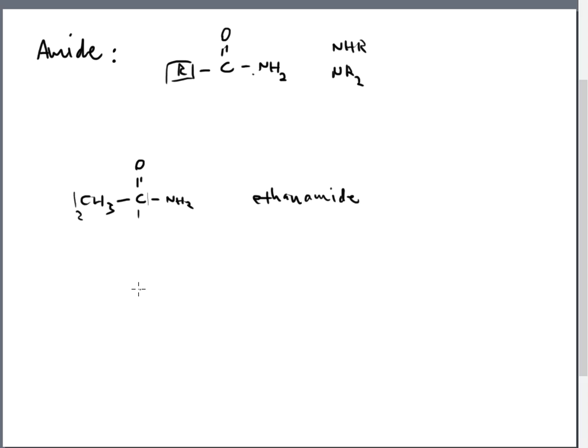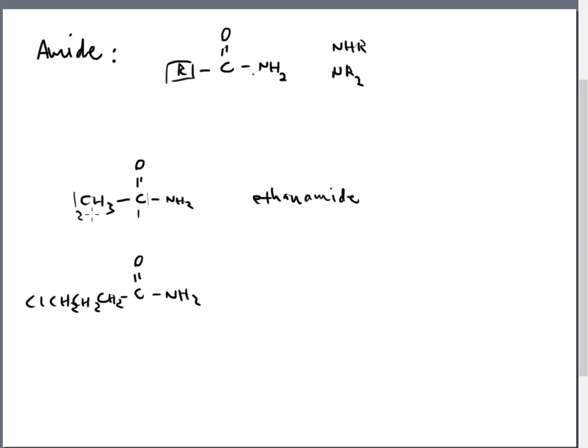Okay, so let's do another one. Let's do C double bond O with an NH2, and over here, let's do a CH2, a CH2, a CH2, and maybe a Cl. How does that change anything? It doesn't. It doesn't change one darn thing from what you've learned in 251 and 252.